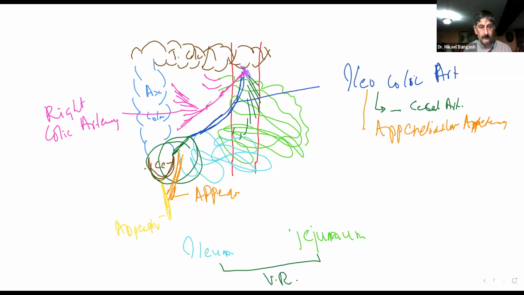This one here, the right colic artery. And if you look at it, it mainly is going to supply blood to the ascending colon.